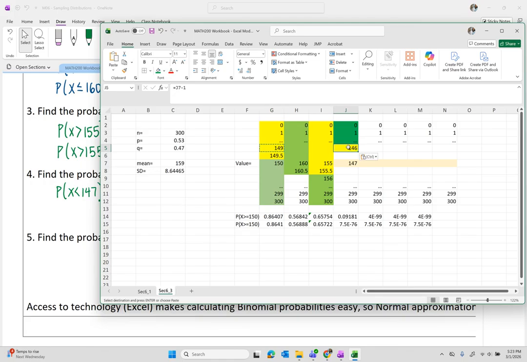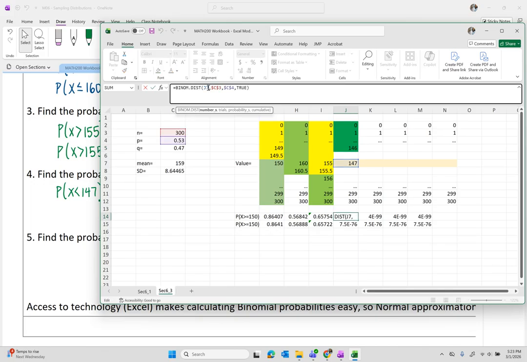One below 147 is 146. So less than 147 will be from 0 to 146. That is a binomial CDF. It just needs to make sure that it has 146 there and not 147.